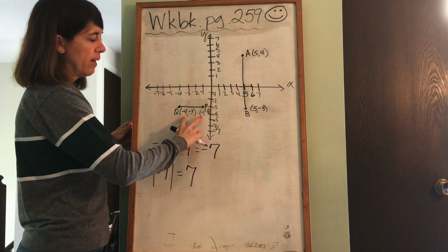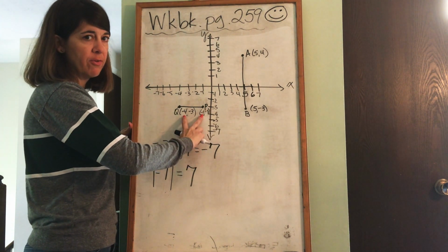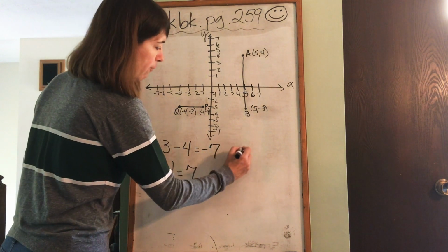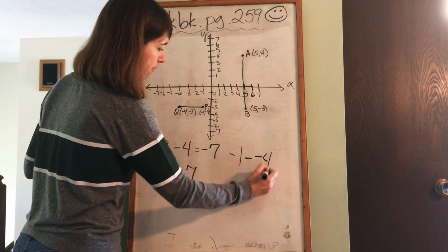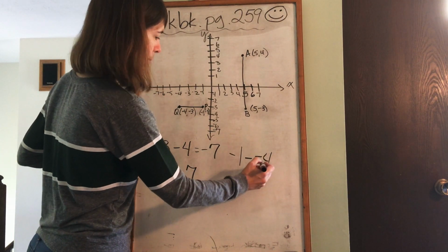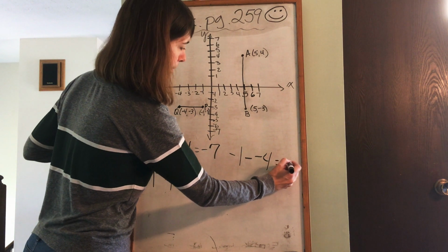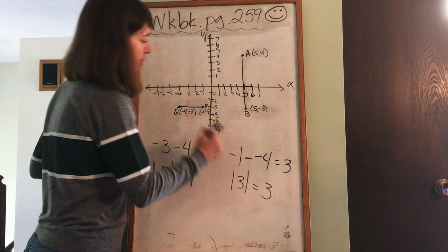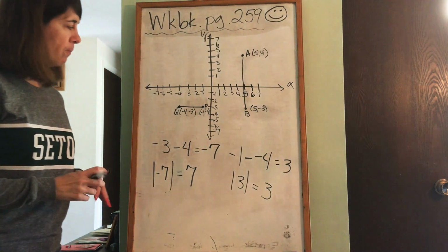So we're subtracting the x numbers. Remember, that's the first in each of the coordinate pairs. So we will take negative 1 minus a negative 4, and so that gives us 3, and of course we absolute value that, and that still gives us 3, and so the distance is 3.